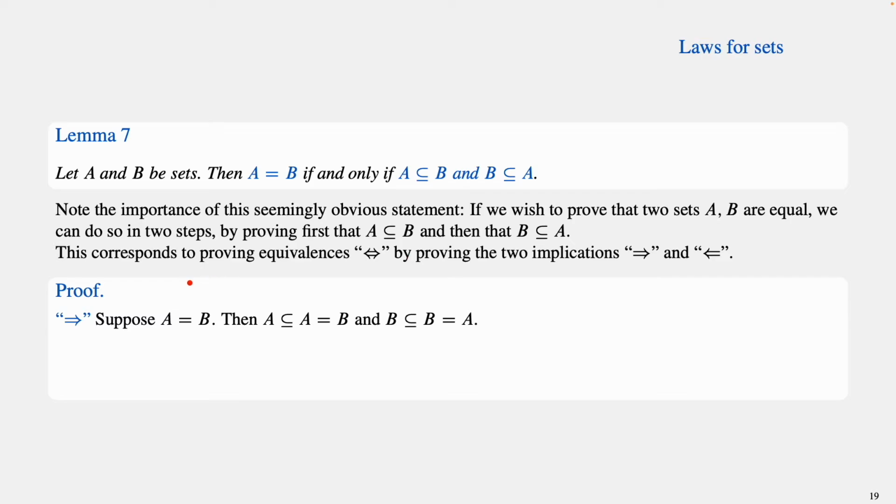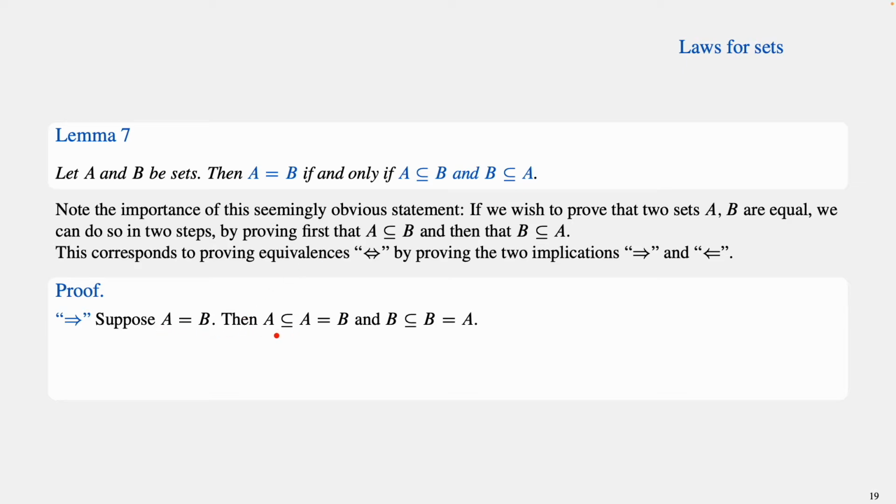And the proof is very simple, maybe trivial to you, but I think it's a good opportunity to see that even seemingly obvious claims have to be justified. So first I prove in this equivalence that we claim here the direction from the left to the right. So I assume that A is equal to B, so I assume this is true, and I want to prove that this is true.